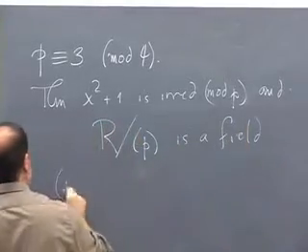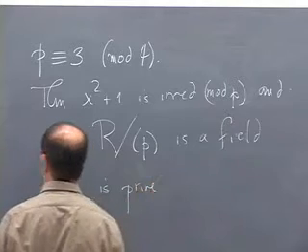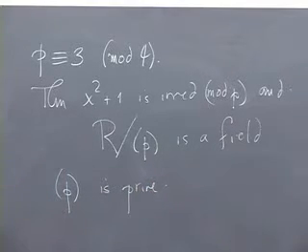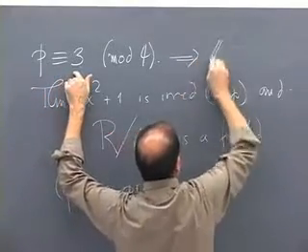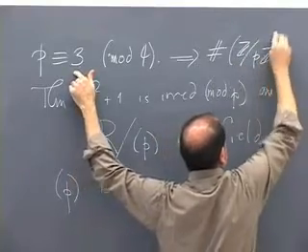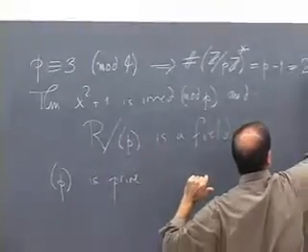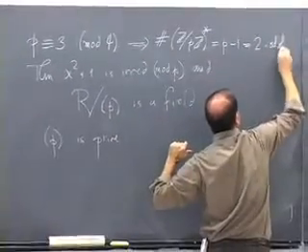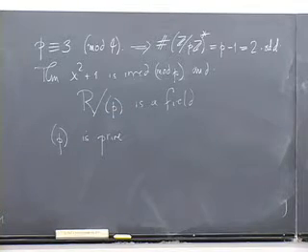So P is prime. Why? Because if P is congruent to 3 mod 4, that means that the order of Z mod PZ star, which is P minus 1, is equal to 2 times an odd number. That's what 3 mod 4 means.